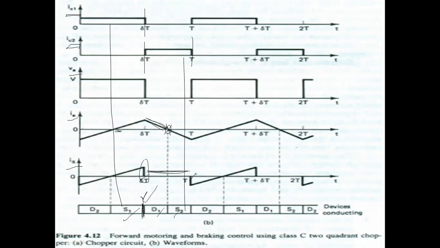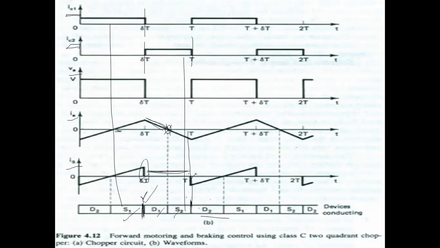Similarly, the energy transfer interval will be present when S2 is off. Energy transfer interval will be present when S2 is off, during this period, and D2 is conducting. So S2 is off here and D2 is conducting here.